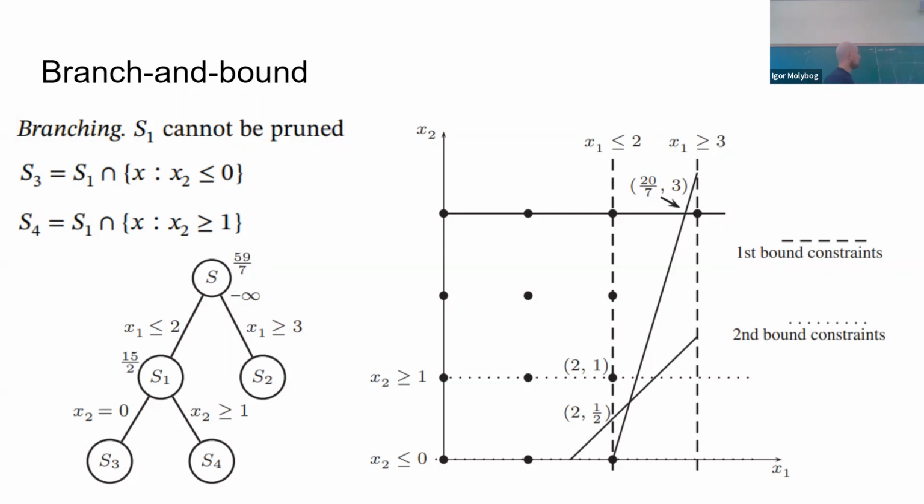So now we will have two subsets. This entire area is our S1, and now we split it into two parts. The one part is over here, which corresponds to S4. And the other part is S3, that corresponds to just this small part, this piece of line, right?